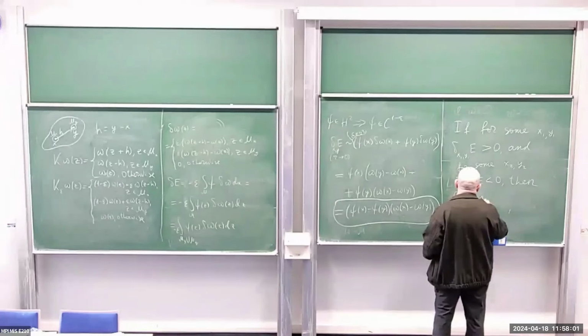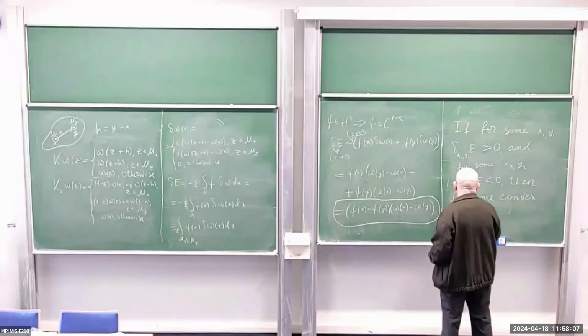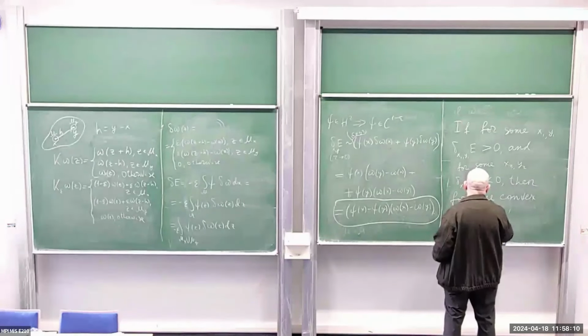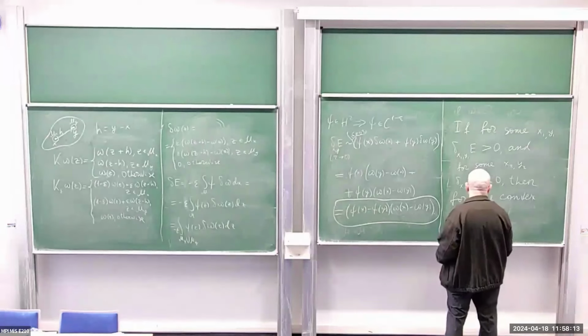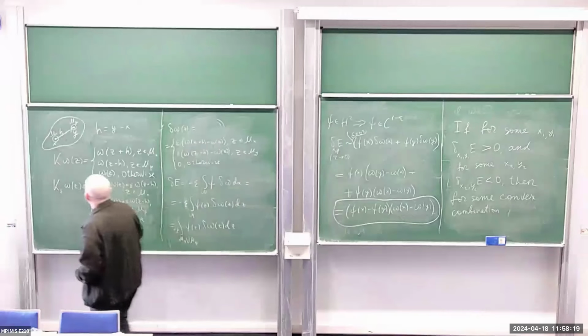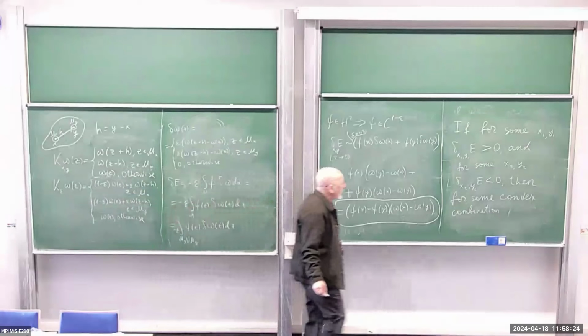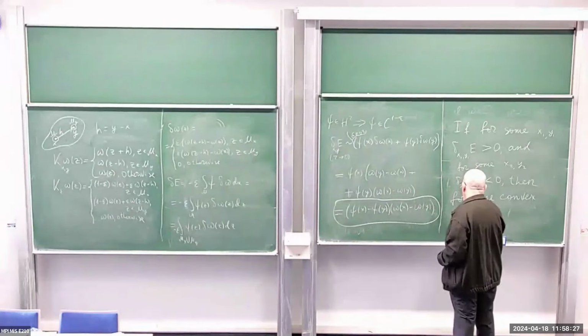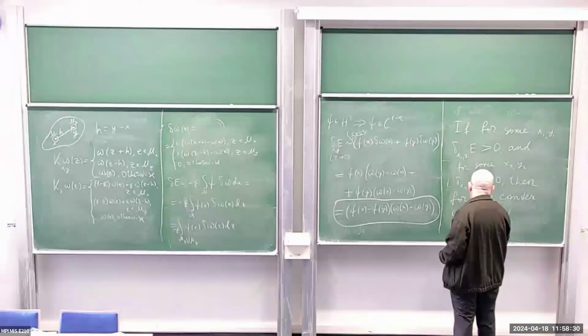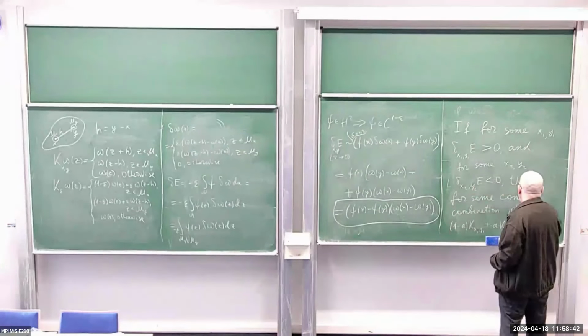For some convex combination, let me write here K xy, say (1 minus a) K x1 y1 plus a K x2 y2, of mixings.